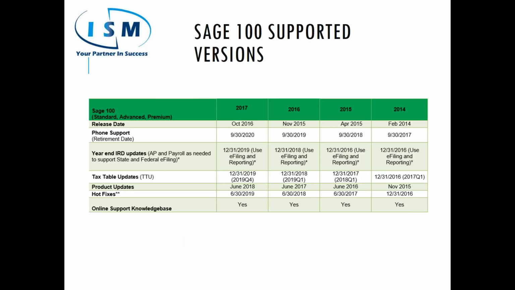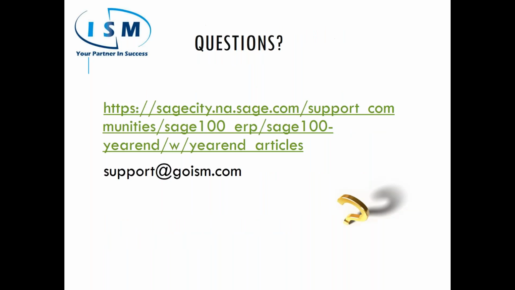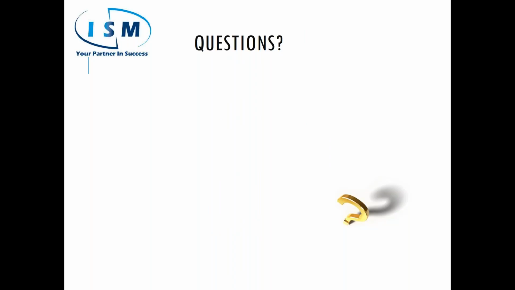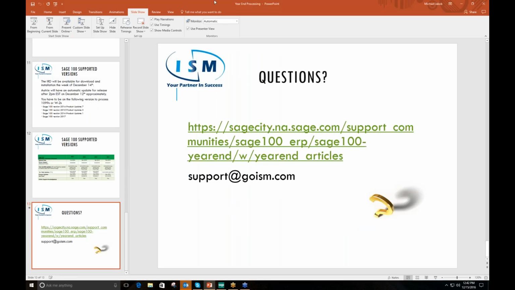And here's all your information that you'll need for your supported versions with the IRD, phone support, your tax table updates, the hot fixes, and all of that. And now I'm going to walk you all through how to do the W-2 part.